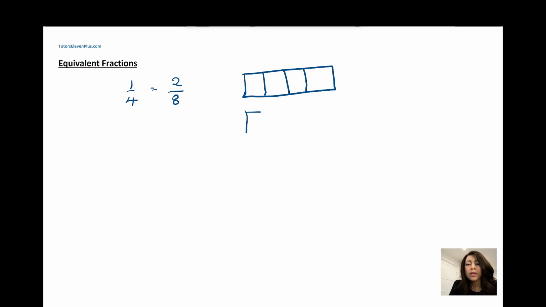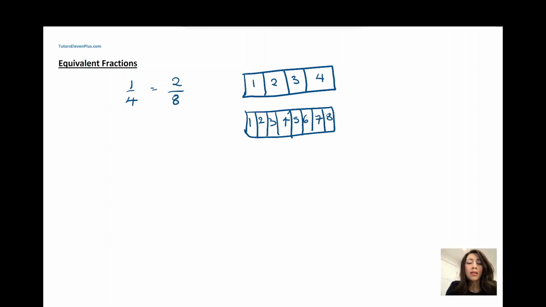And I have another one underneath which is split into 8 equal pieces. Yep, 1, 2, 3, 4. 1, 2, 3, 4, 5, 6, 7, 8.